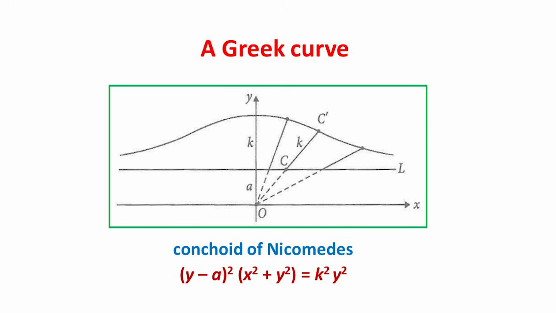Given a fixed horizontal line L at a height of a above the x-axis, we draw dotted lines from the origin O to point C on this line. And then we extend each dotted line by a fixed length k to new points labelled C'. These points C' then trace out the conchoid. Its equation is shown below.